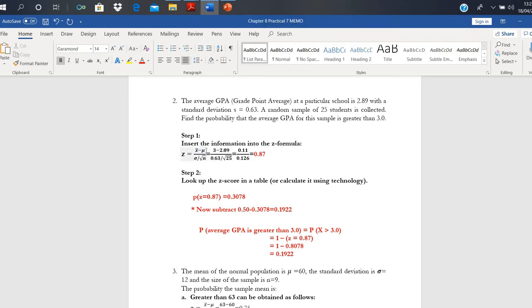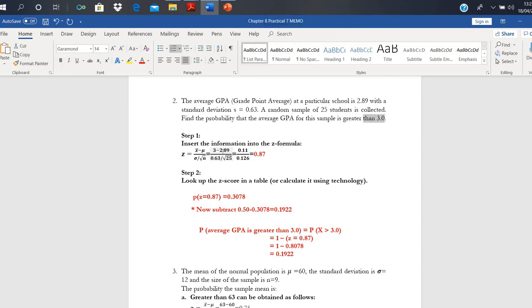Now, in this case, we can replace the values by using the Z formula. The hypothesized sample mean is 3.